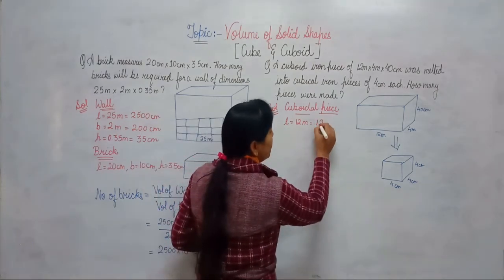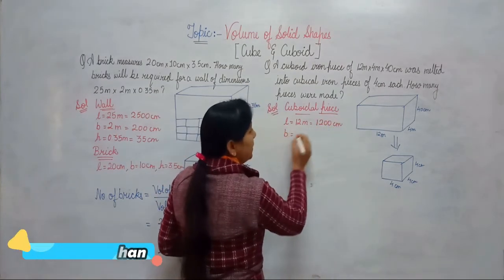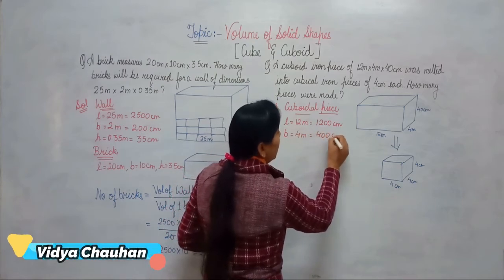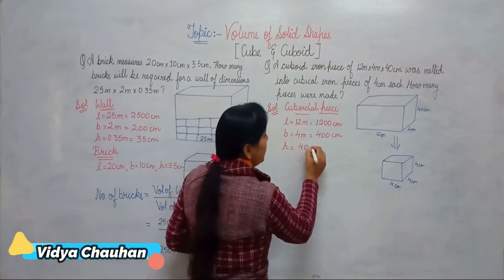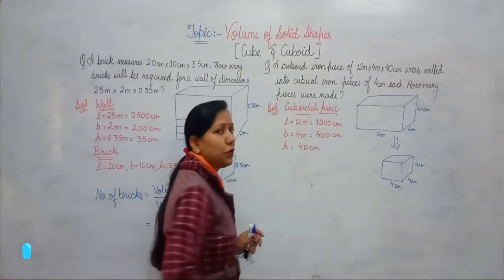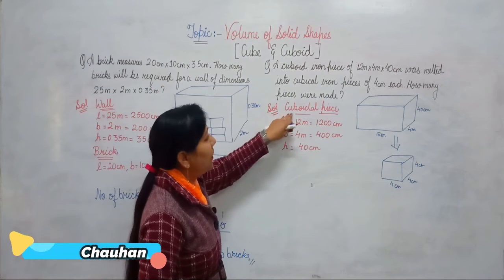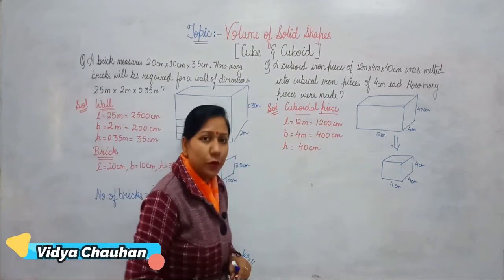So 12 meter is equal to 1200 centimeter. Similarly, breadth is equal to 4 meter, that is 400 centimeter. And height of the piece is already in centimeters, so we do not have to do any conversion here. So now we have converted the length, breadth and height of the cuboidal piece into centimeters.